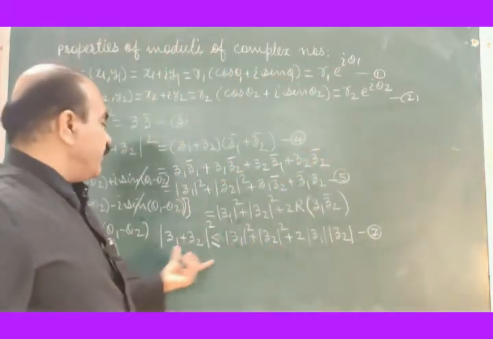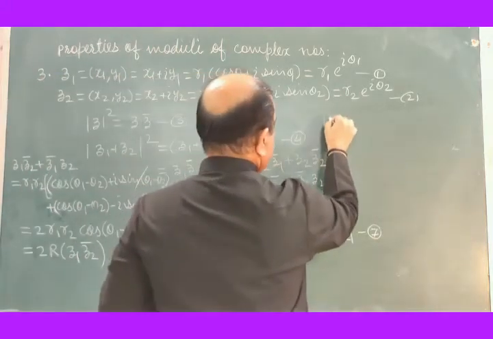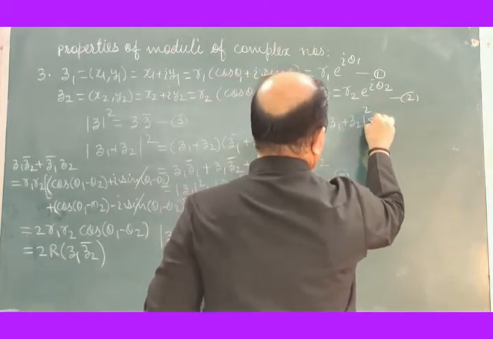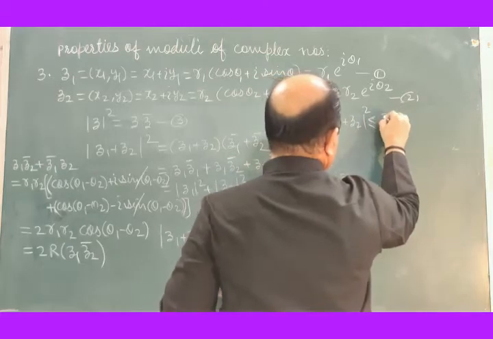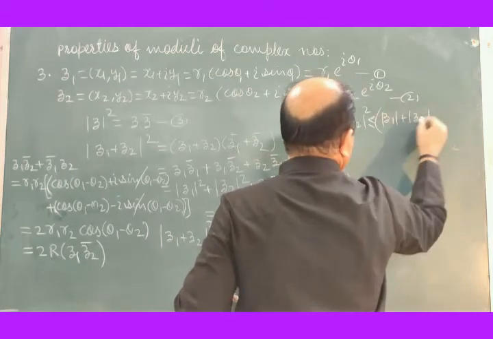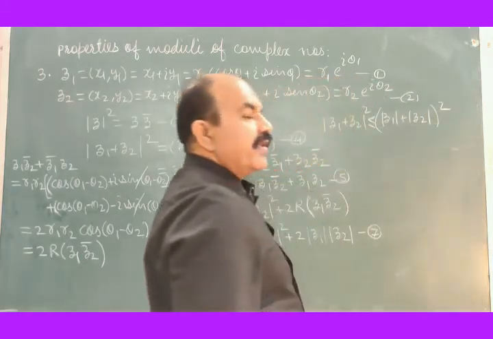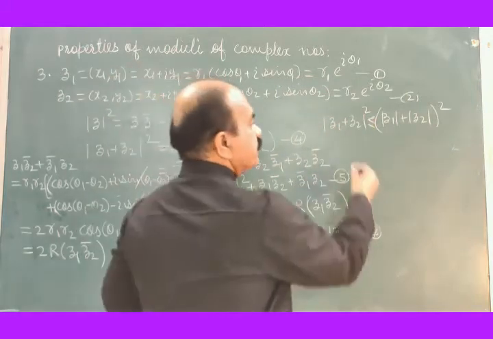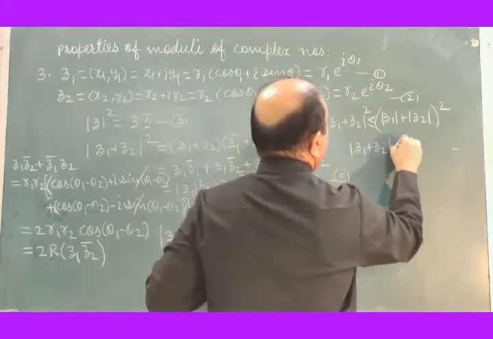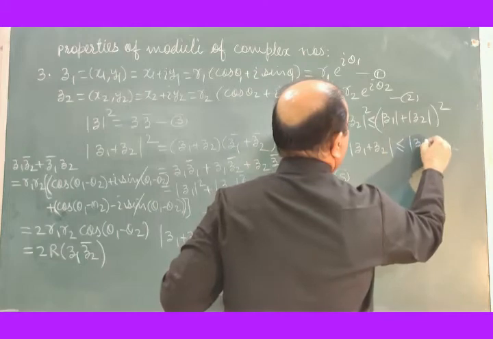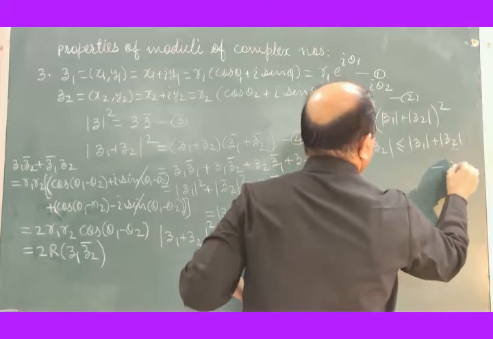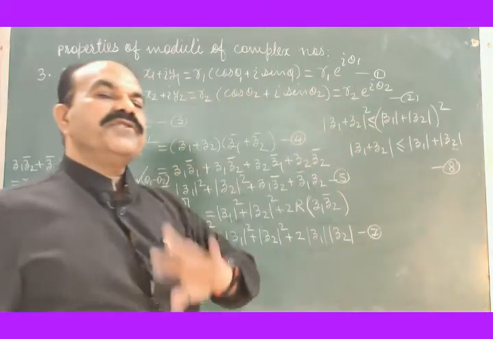Equation 7 can further be written as, now take square root on both sides to get, and what is this equation?